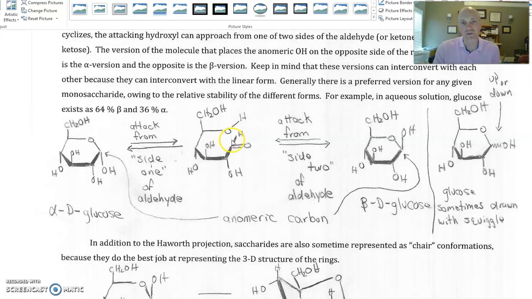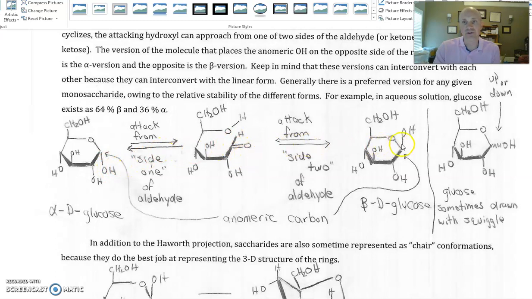In drawing it this way, you can see that the hydroxyl off that number 5 carbon would be very close. Recall there's an electron pair on that oxygen right there. And when this thing cyclizes, that electron pair can essentially attack that carbonyl carbon. So this oxygen right here acts as a nucleophile. This carbon right here is an electrophile. And when that happens, that's what creates the cyclic form.